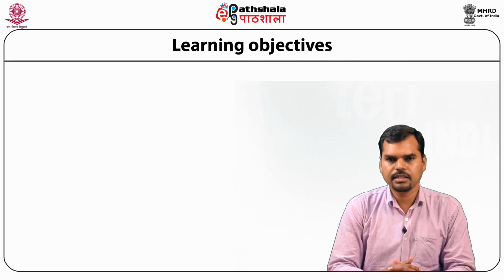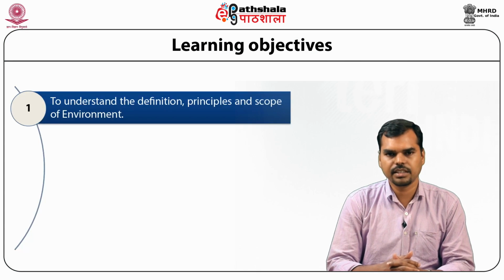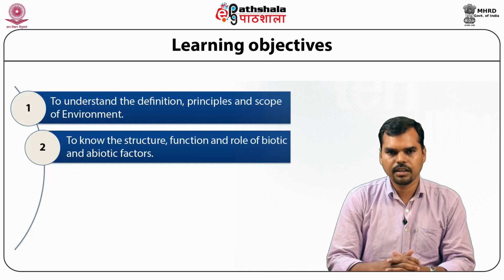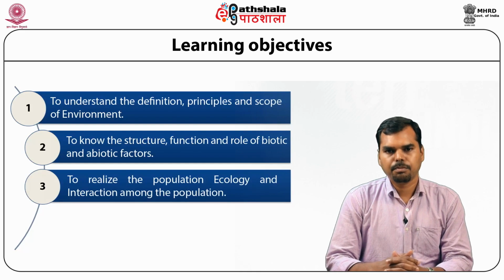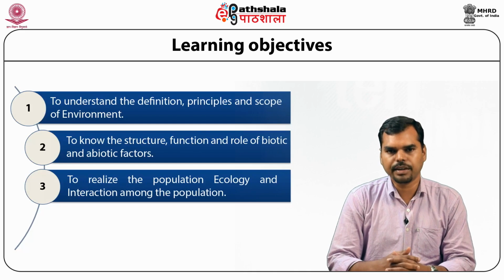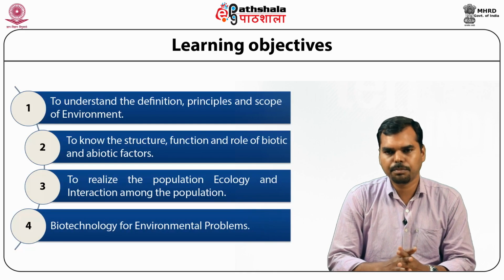After completing this module, you should be able to understand the definition, principles and scope of environment, to know the structure, function and role of biotic and abiotic factors, to realize the population ecology and interaction among the populations, and also biotechnology for environmental problems.